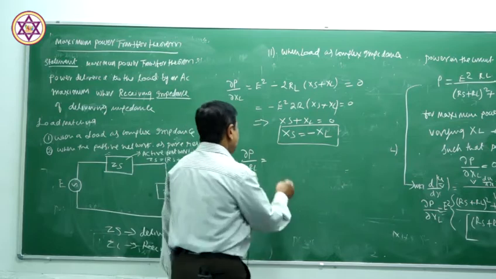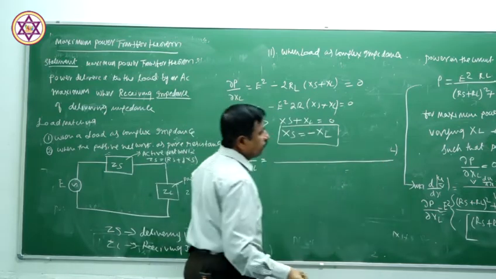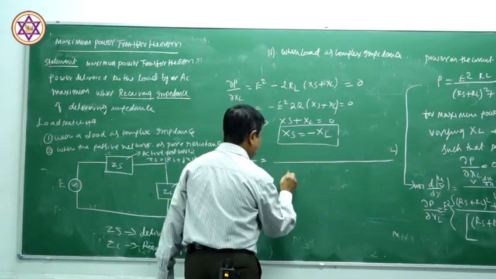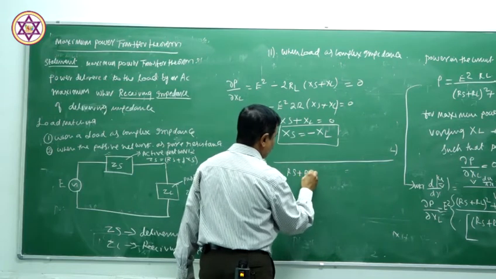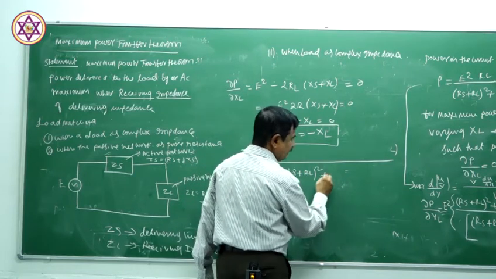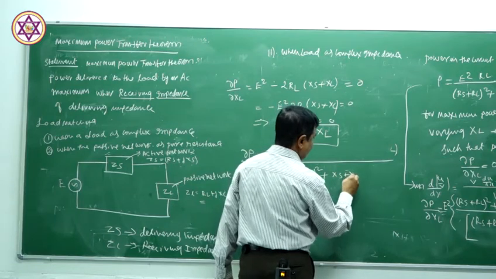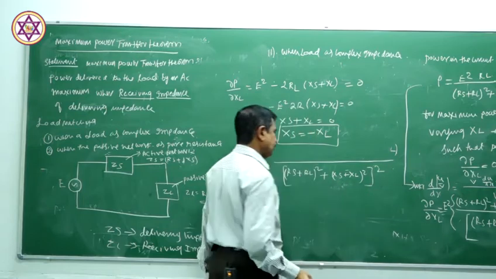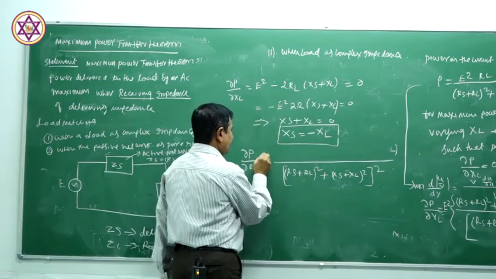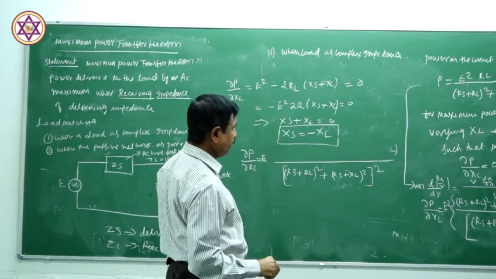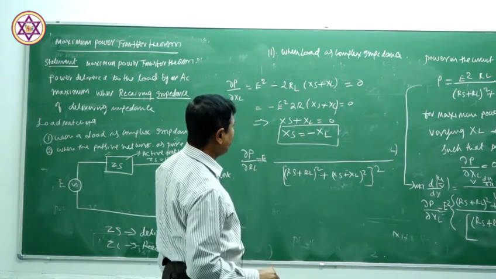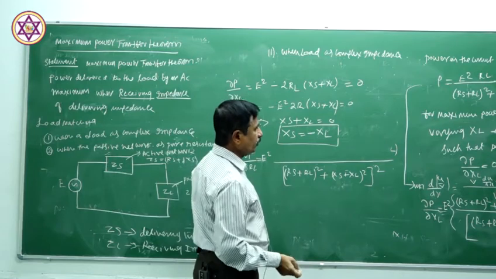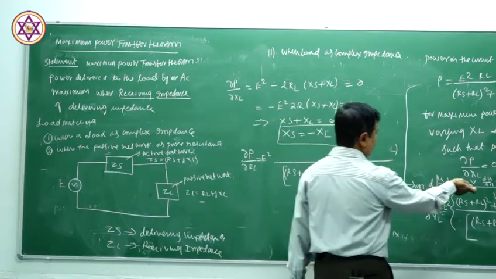According to the UV method, that is v square. V square is equal to ((RS plus RL) the whole square plus (XS plus XL) the whole square) the whole to the power 2, and I will take E squared out. So taking E squared outside, what is the next step? That is v. What is v?